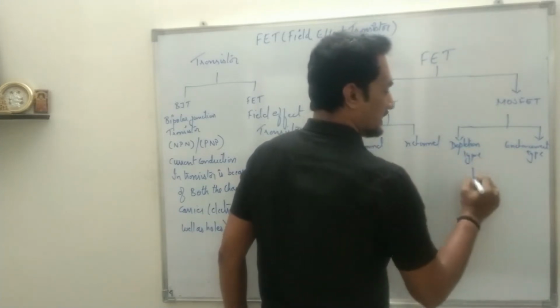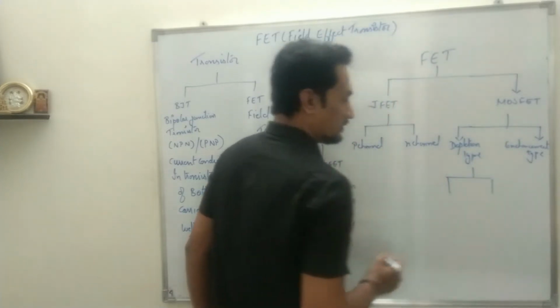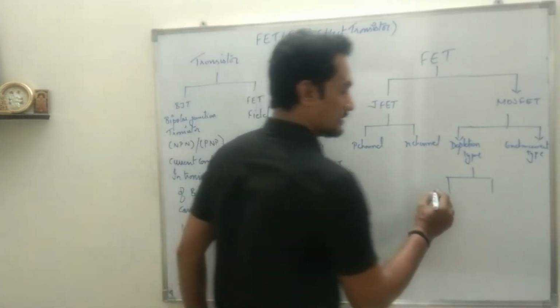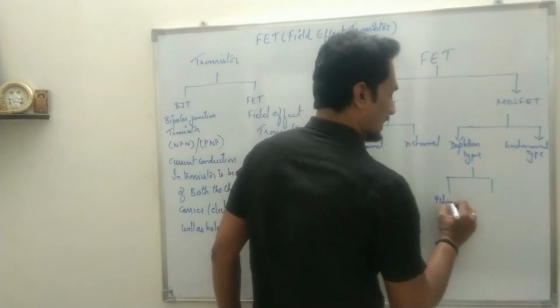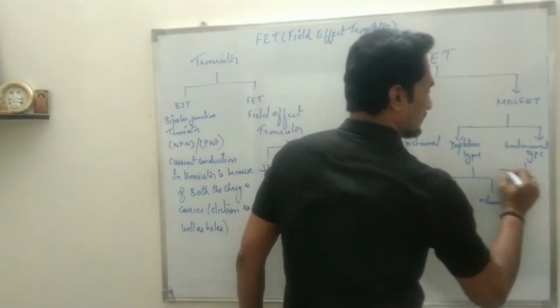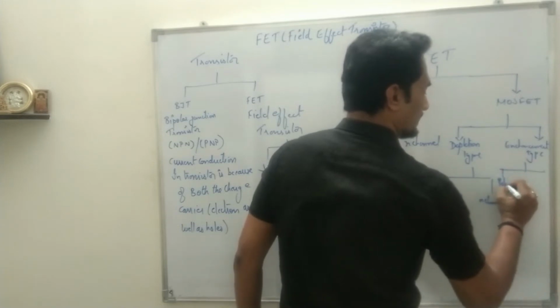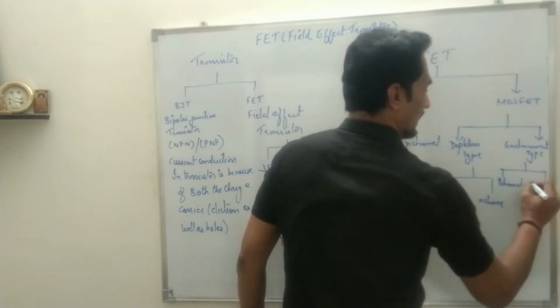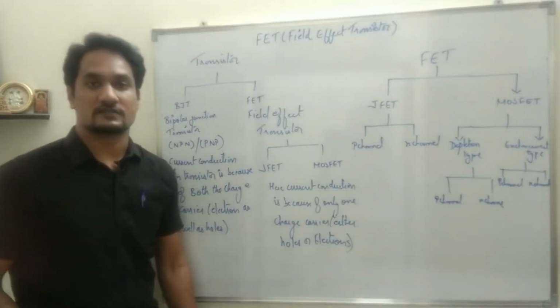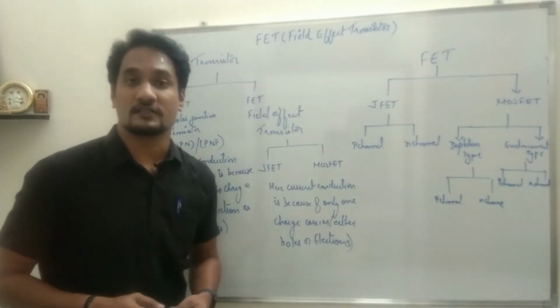Again depending upon which majority charge carrier takes part in the process of conduction, depletion type is P channel and N channel. Similarly, enhancement will be P channel and N channel. So this is what we have to focus on in unit number 3.